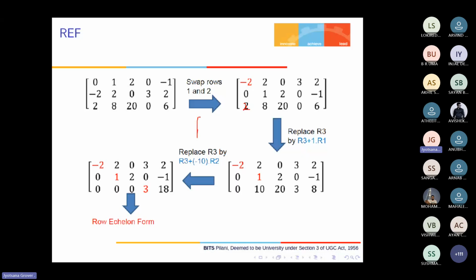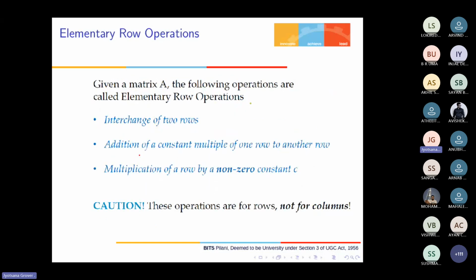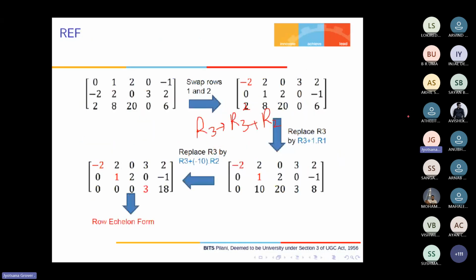So you'll say R3 is the same as R3 plus R1, because this is one elementary row operation, which, just to remind you, is the addition of a constant multiple of one row to another row. Here you're adding a constant multiple of R1 to R3.